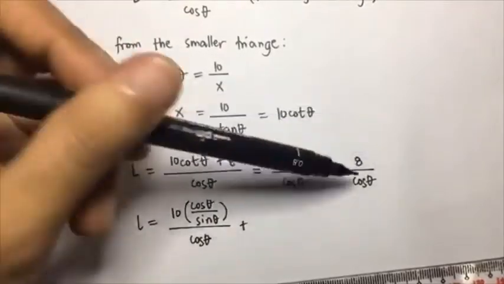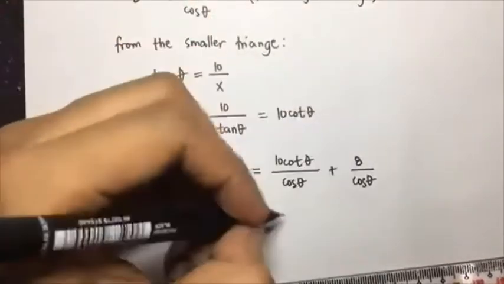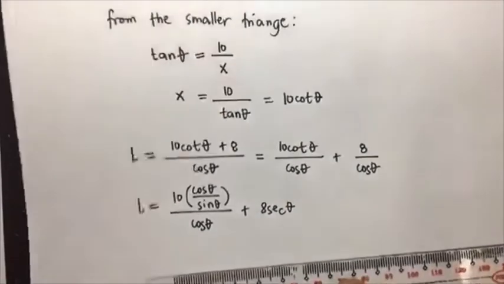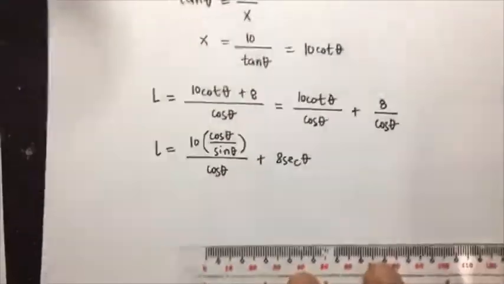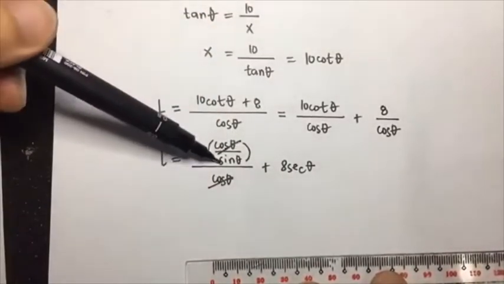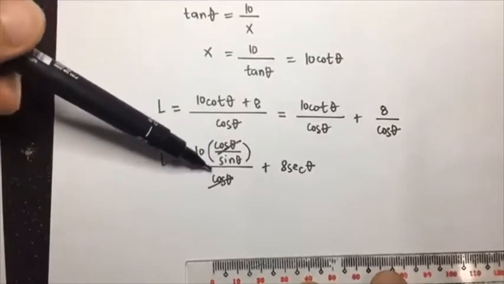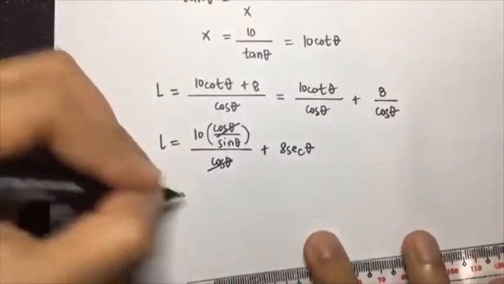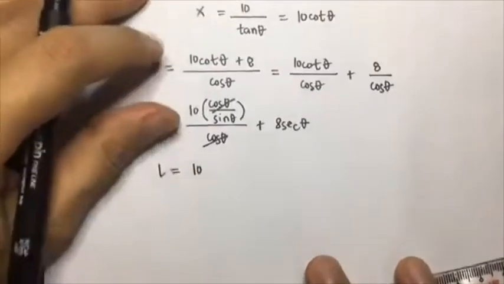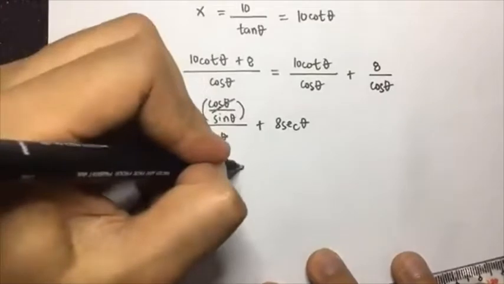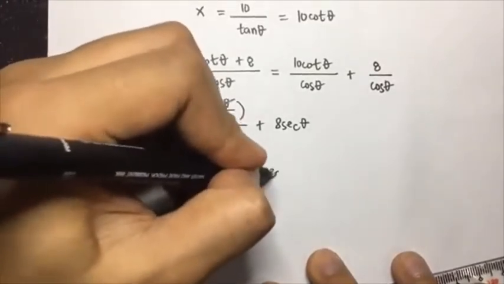Since 1 over cosine theta is equal to secant theta, it's 8 secant theta. As you can observe, in the first term we can cancel out cosine theta. What will remain is 10 over sine theta, for which 1 over sine theta is equal to cosecant theta. So therefore, L is equal to 10 cosecant theta plus 8 secant theta.